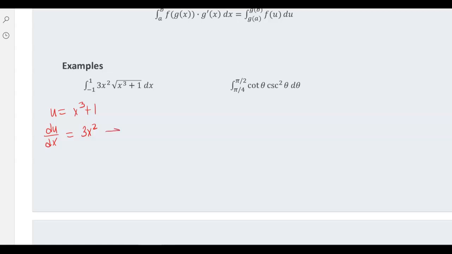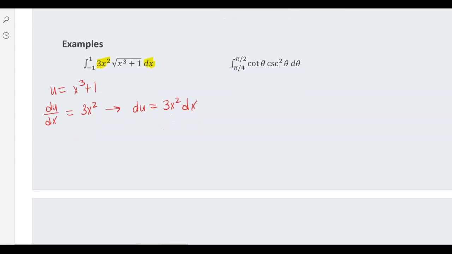Okay, so rearranging this, du is equal to 3x squared dx. This part and this part together is du.